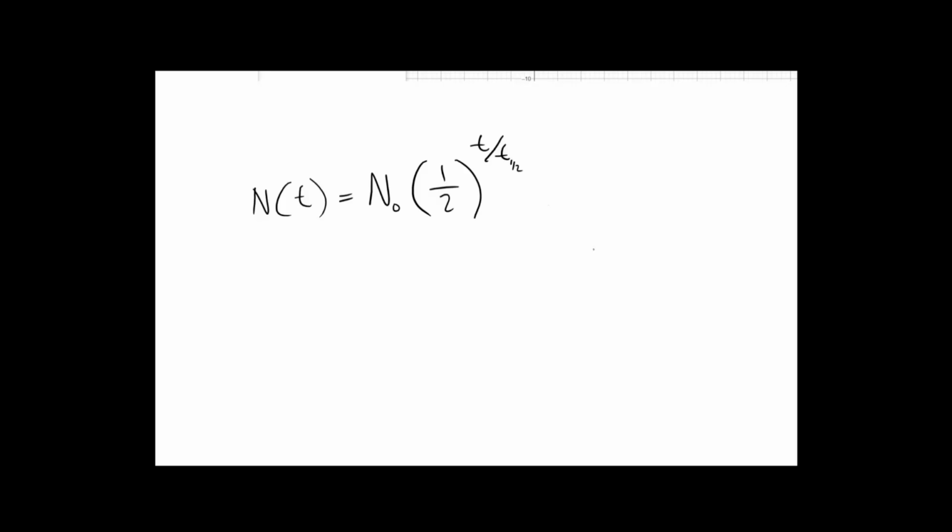Okay, so it looks a bit daunting, but let's break it down. N is the number of nuclei which are left after some time t. N naught is the initial number of nuclei.